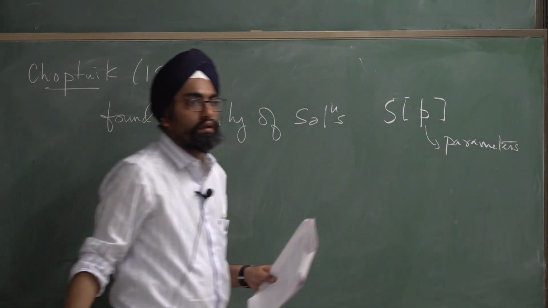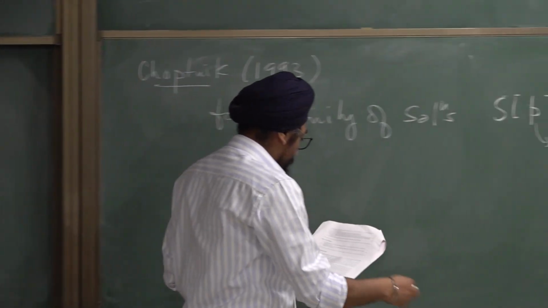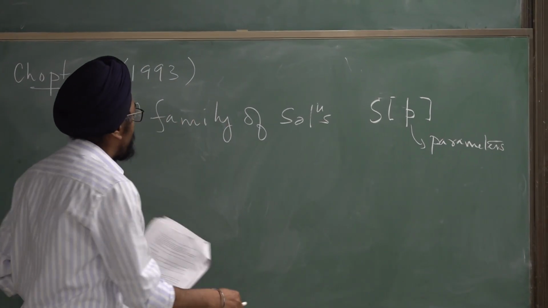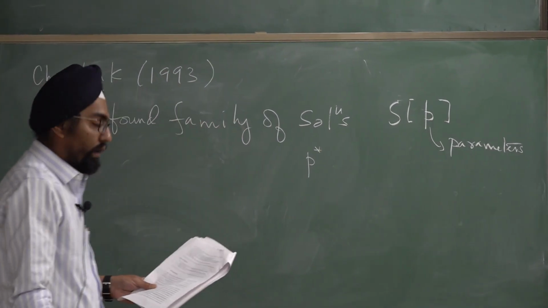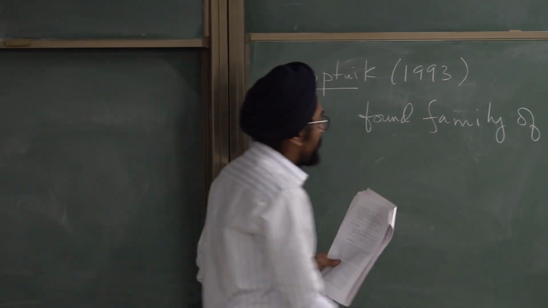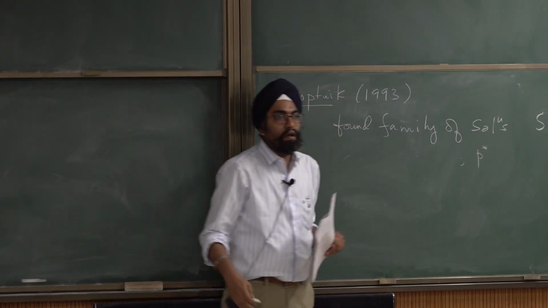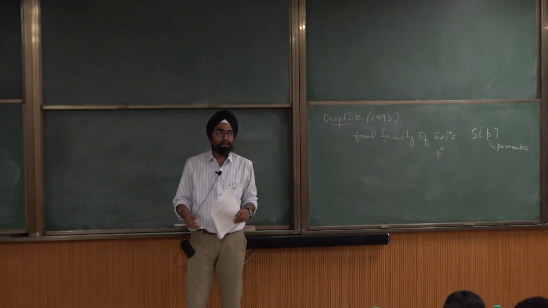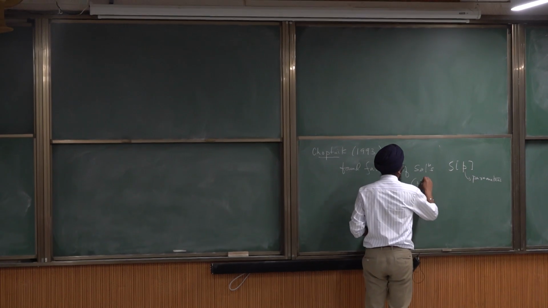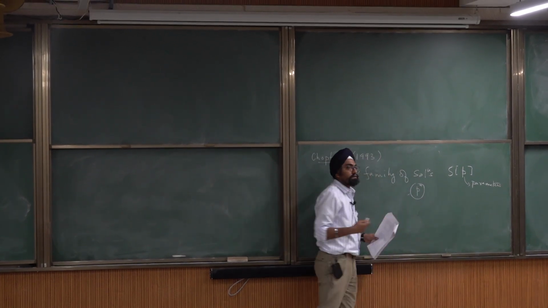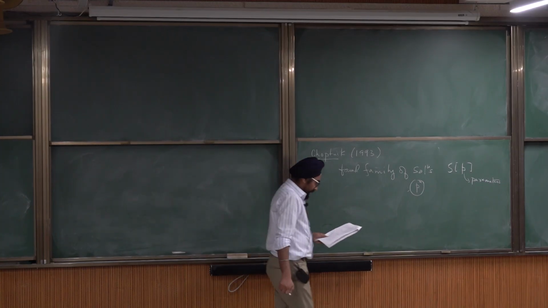There could be different parameters, and with these solutions he found that for a value of the parameter, let's say P star, there is a separation: less than P star and greater than P star. In one case you would form a black hole, and in the other the black hole will not form. Less than P star, you would not form a black hole. Greater than that, you would form a black hole.